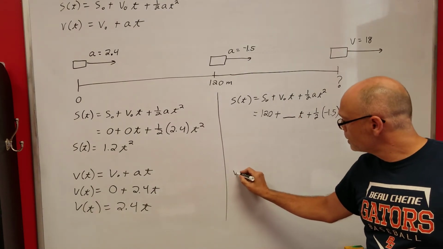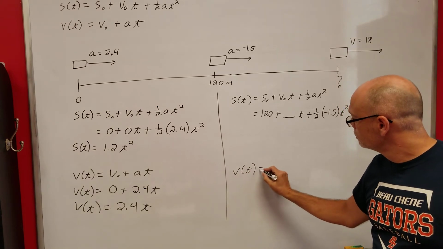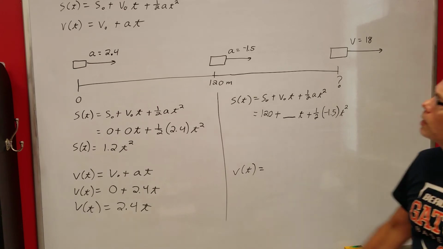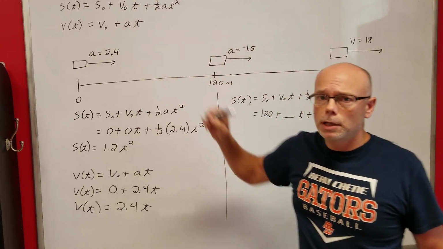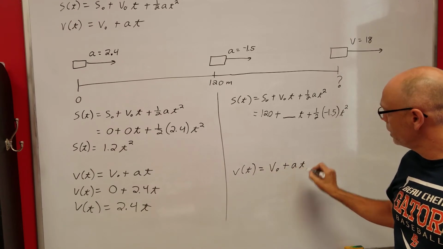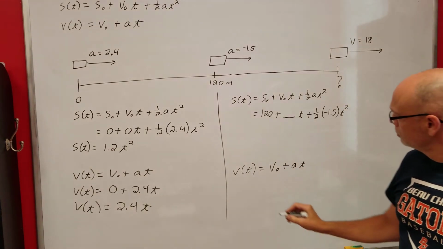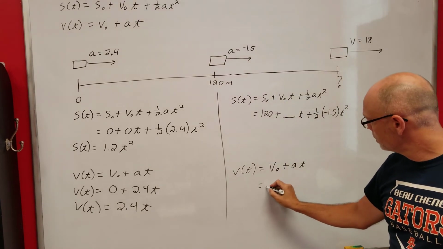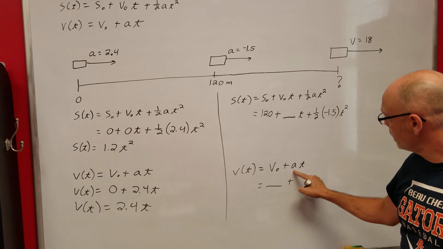What is my velocity function for this part of my trip right here? It's going to be v subscript of 0 plus at, right? Well, just like before, I don't know what the initial velocity is here, so I'm going to leave it blank, plus a times t.